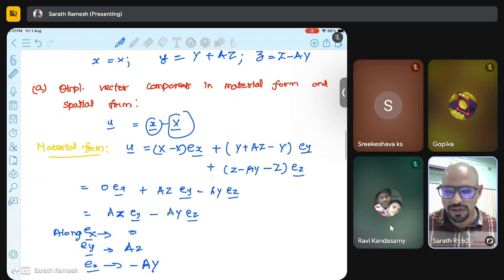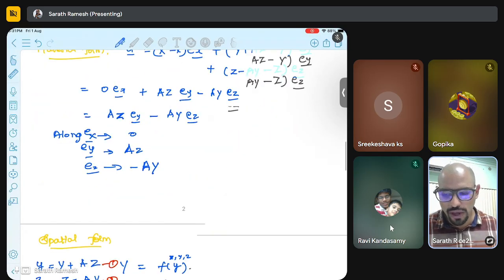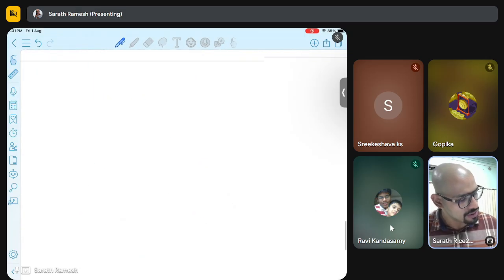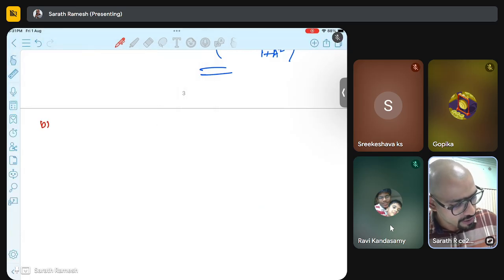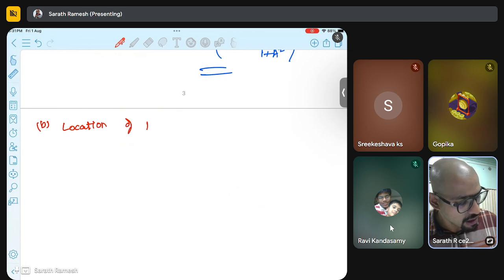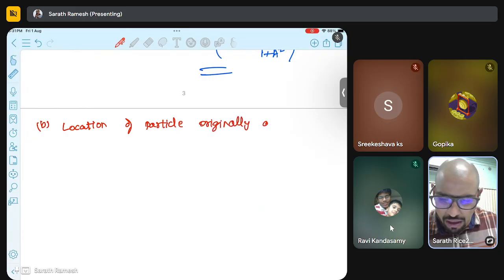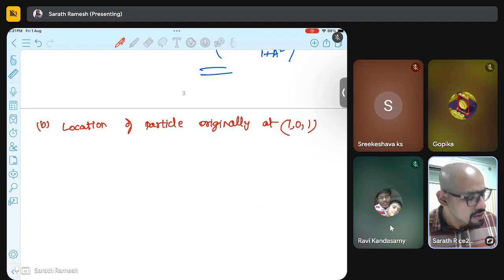Next, let's move on to the second part of the question. The location of particle originally at 1 comma 0 comma 1. So you can find out the location of particle originally at 1 comma 0 comma 1. What are they asking? Originally at 1 comma 0 comma 1 means at reference configuration.